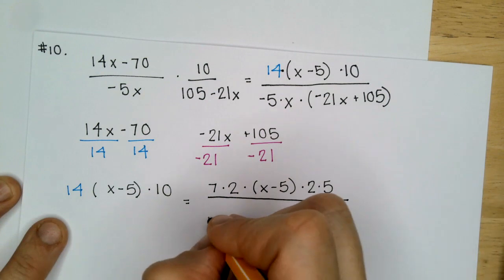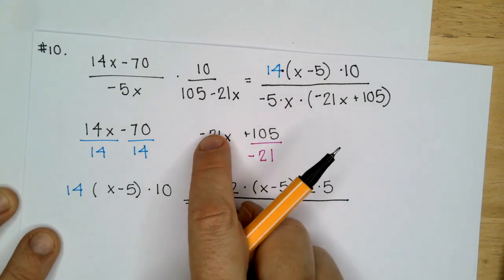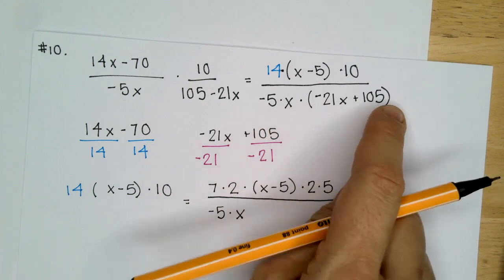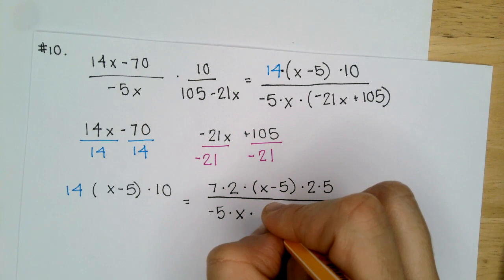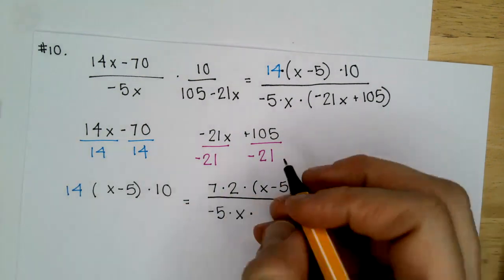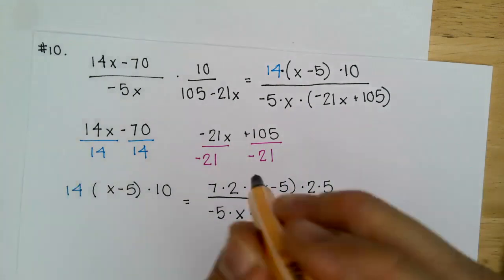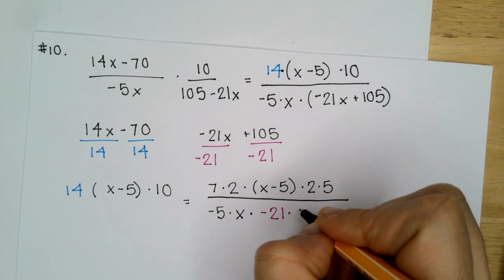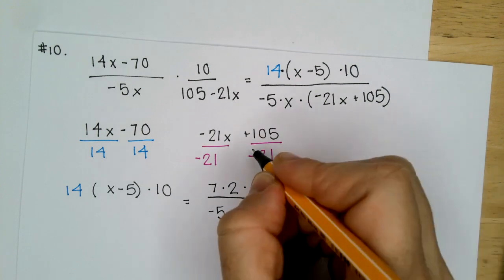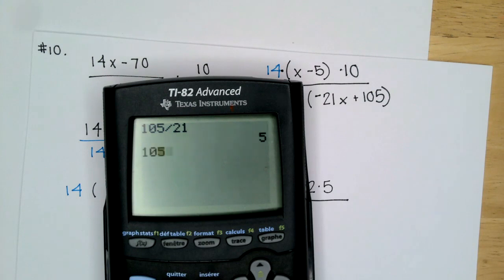On the bottom, we have that negative 5 being multiplied by x. And then we're going to take that negative 21x plus 105 and divide out a negative 21. So times negative 21 times, when I take negative 21x and divide it by negative 21, I get an x. When I take 105 and divide it by negative 21, I get a negative 5.